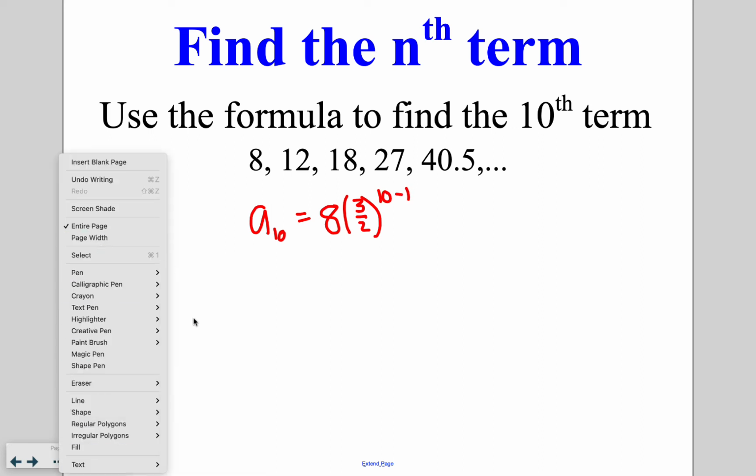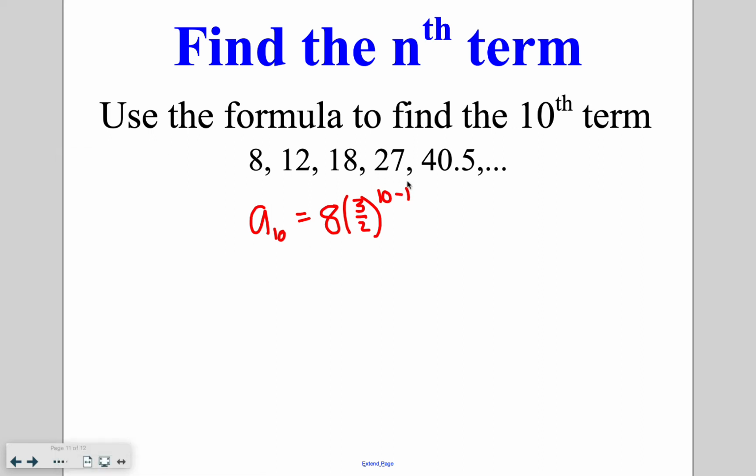Similar to our last lesson where we were talking about subtraction in the exponents for the growth and decay and compound interest functions, we want to make sure we solve this part first before we put it into the calculator, and that gives us 9. So you would be plugging in 8 parentheses 3 divided by 2 parentheses to the 9th power.